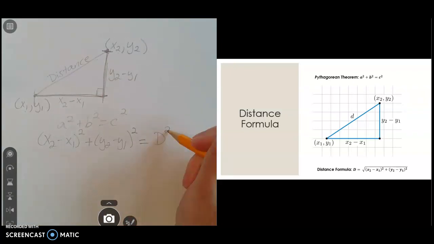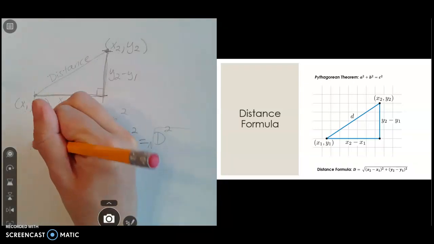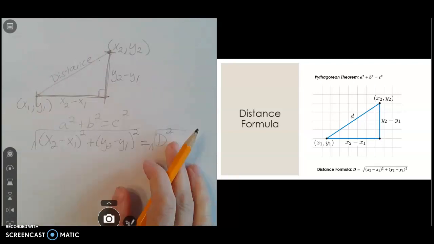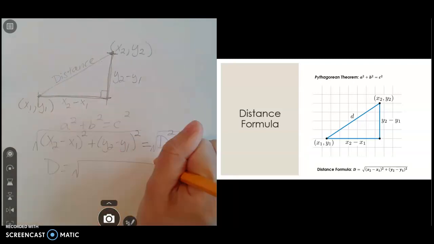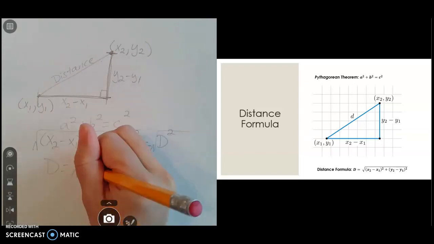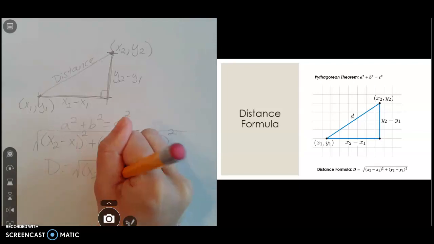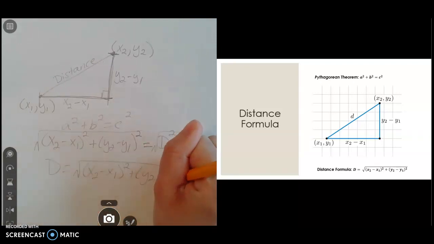If you just want to solve for distance, the opposite of squaring is square rooting. So you take the square root of both sides, and that's where the distance formula comes from. Distance is the positive square root. We're not doing plus or minus because distances are positive, of x2 minus x1 squared plus y2 minus y1 squared.